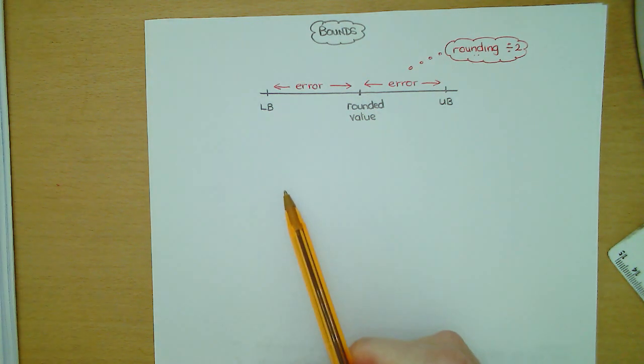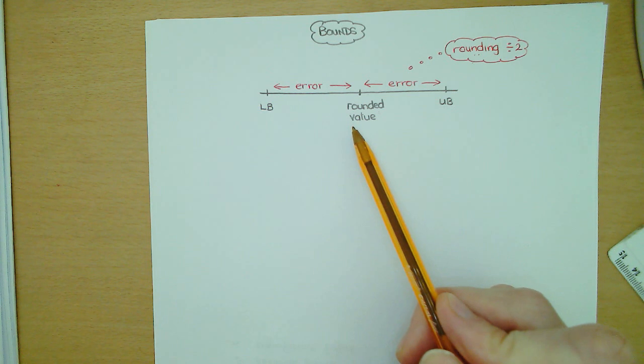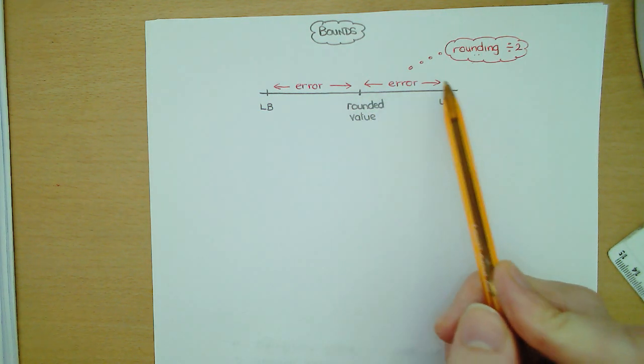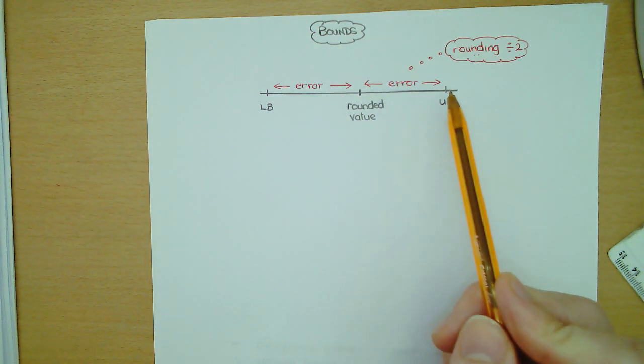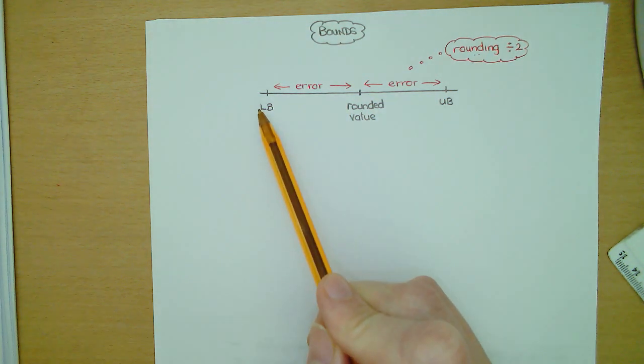Now the error is also the furthest that the actual value can be from the rounded value. So the actual value before it was rounded could be at the very most the upper bound and at the very least the lower bound.